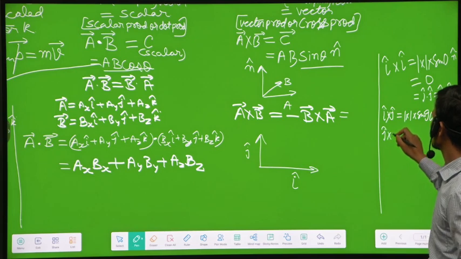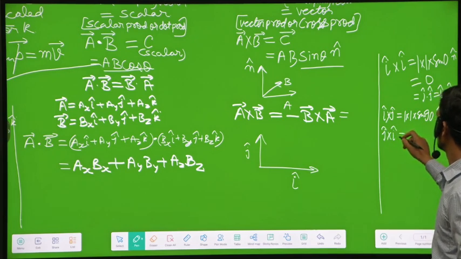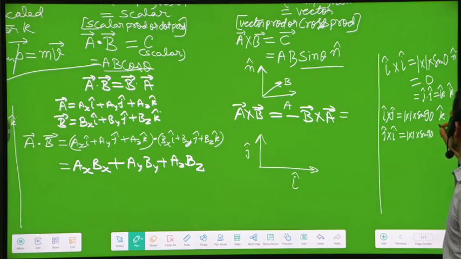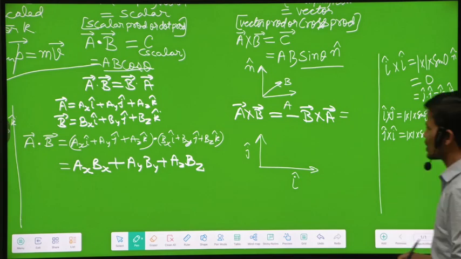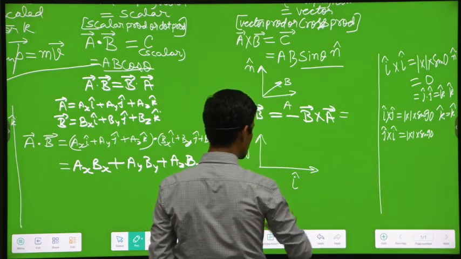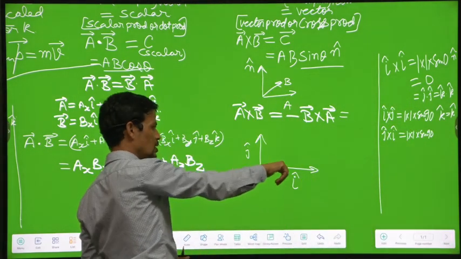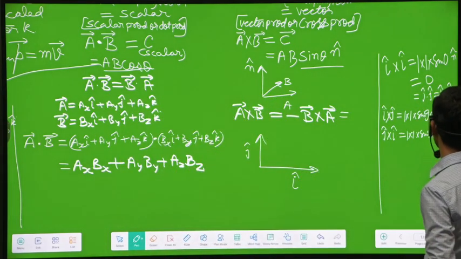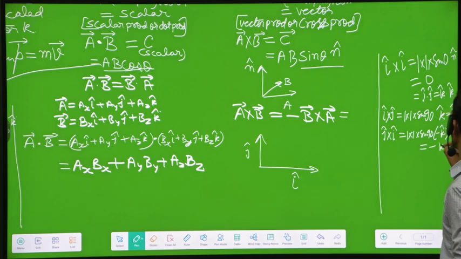j cross i is 1 into sine 90. Again, ultimately it is k cap in magnitude, but j cross i is going inward, minus k. So it is minus k cap. Final product is minus k cap.